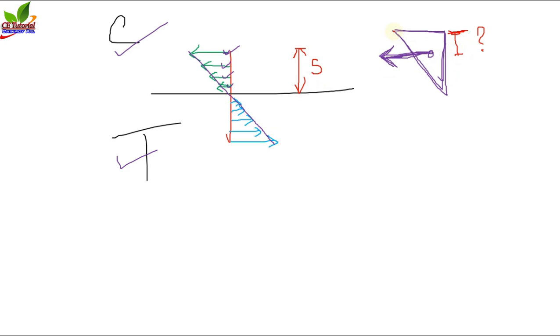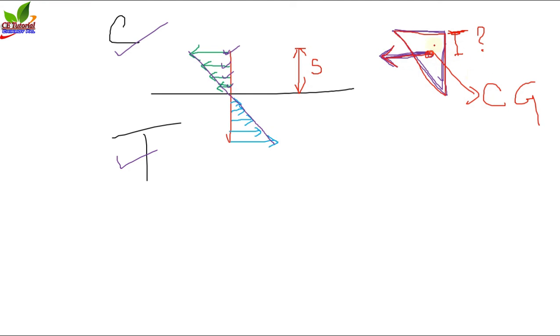Now this is the triangle, and this resultant force will act through the CG of this triangle, nothing else. So you have to find out the CG of this triangle. My question was, what is the distance between the topmost fiber and the CG?